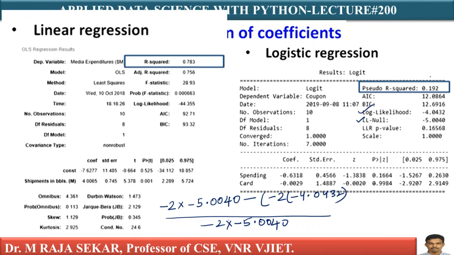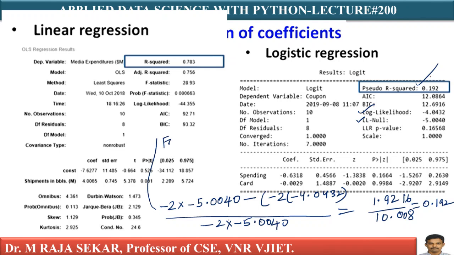If I simplify, in the numerator I get 1.9216. In the denominator I get 10.008. If I simplify, I get 0.192. This is the way I calculated it.